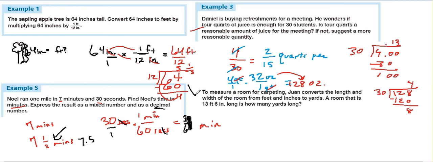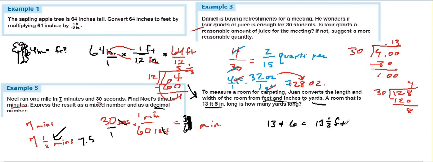To measure a room for carpeting, one converts the length and width from feet and inches to yards. 13 feet 6 inches is how many yards? Let's get it all in feet first of all. And since there's 12 inches to a foot, 13 and 6 would be the same as 13 and a half feet, or 13.5. I'm just doing that quick.